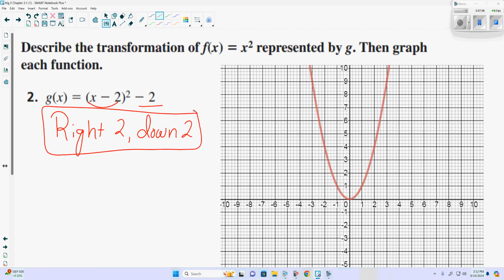So that means, we didn't do it on the last one, but we would take every point that's on this graph and move it right 2 and then down 2. So 0, 0 would go over 2, down 2. 1, 1 would go over 2, down 2. This point here would go over 2, down 2, and we get some graph that looks like this here.